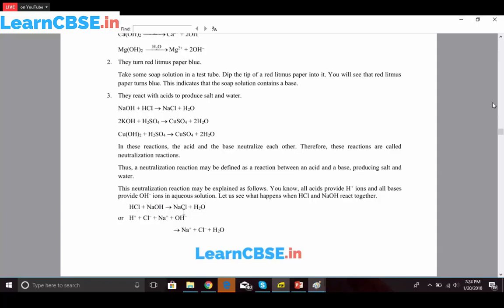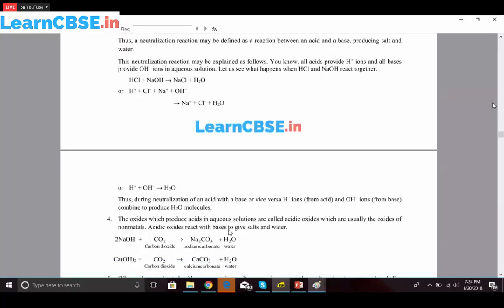NaCl is the salt, so it splits up into Na+ plus Cl minus. Water is a liquid, so it does not dissociate; we keep H2O as such. Which ions are common? Na+ and Na+, so we cancel them out.